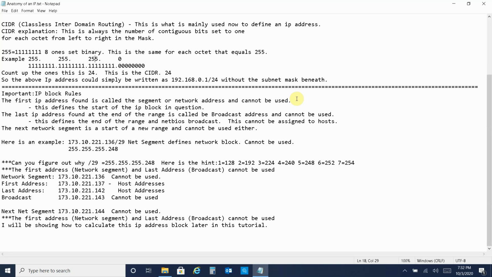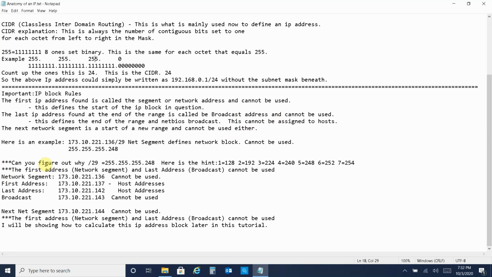It is part of the mathematical equation. This defines the start of the IP block. The last IP address found at the end of the range is called the broadcast address. It can also not be used, but it is used again in the calculation, and some tests will ask you for the broadcast address of that IP block. And the next network address is the start of a new range and cannot be used either, but we need this so we can back up into the range we just did.